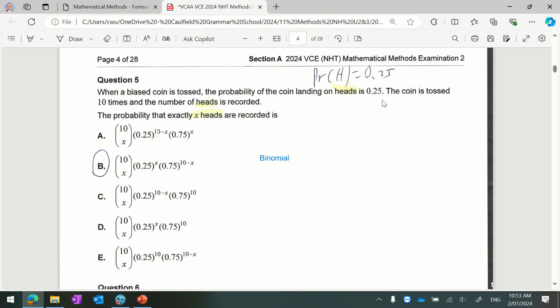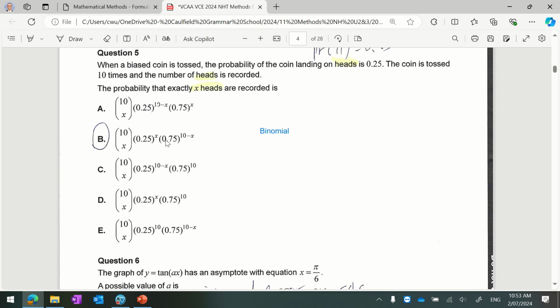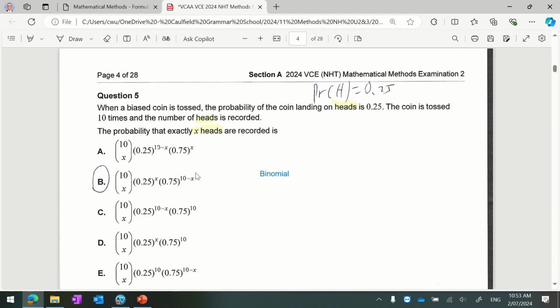It doesn't change. The probability does not change from one trial to the next. So it's a binomial situation, and hopefully you have the binomial probability formula in your head. If it's not in your head, hopefully it's in your notes somewhere, because this is open book, so you can always look it up.